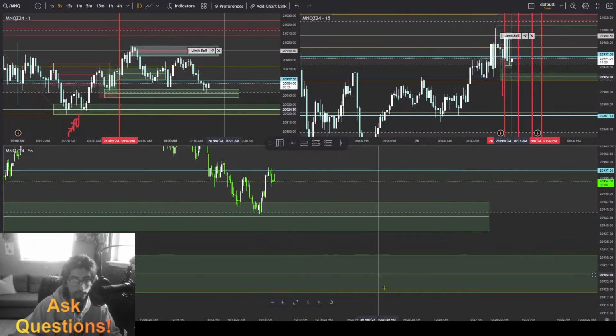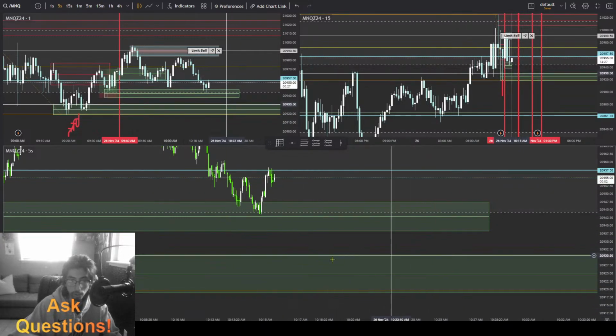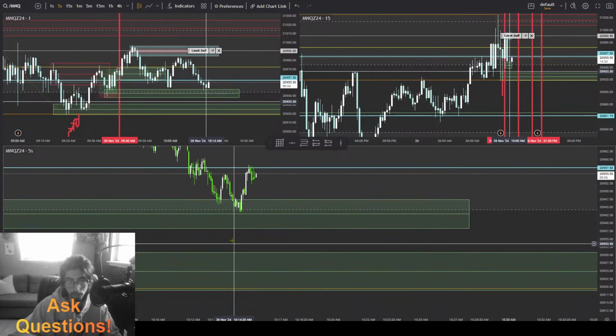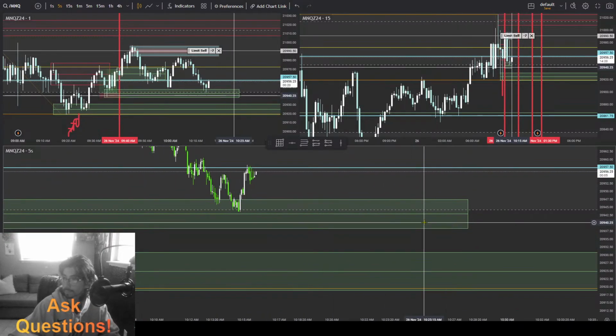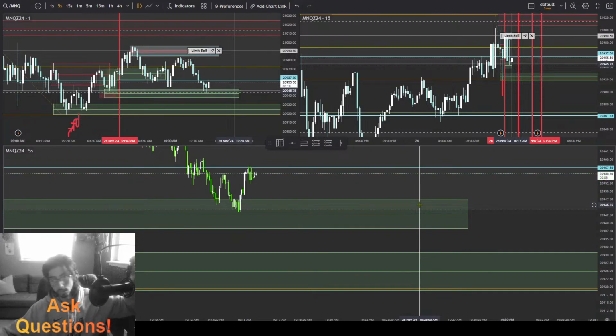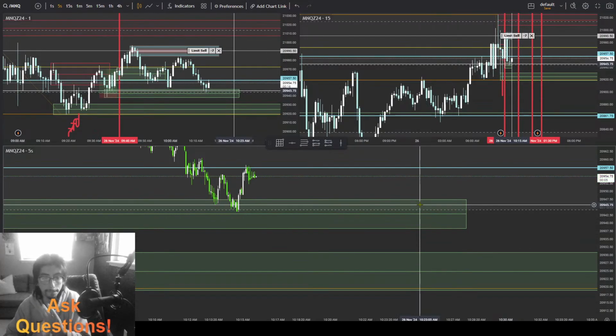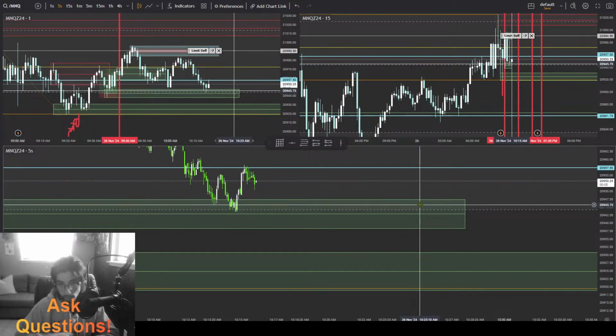And normally when that happens, I can find a bearish trade. Like you're just following the trend. Just sitting and staring.